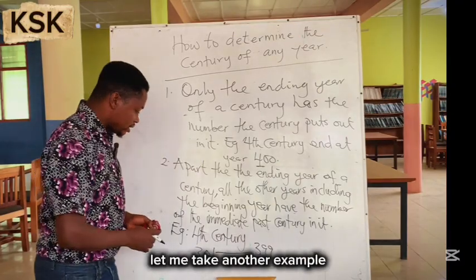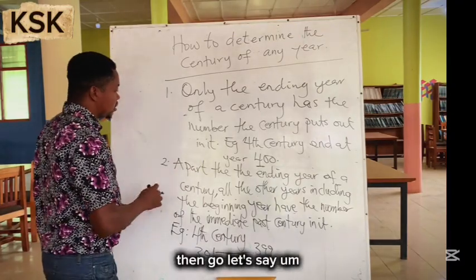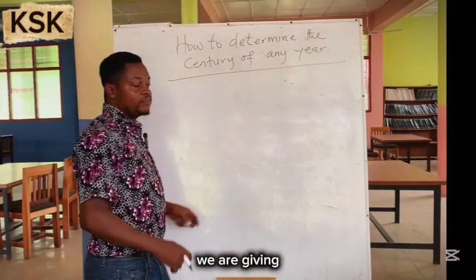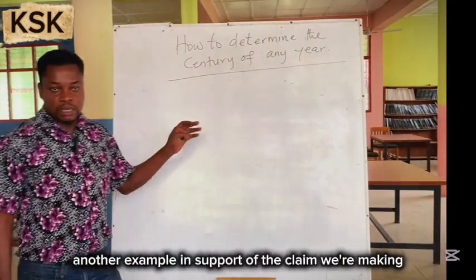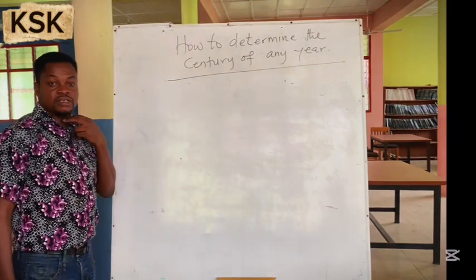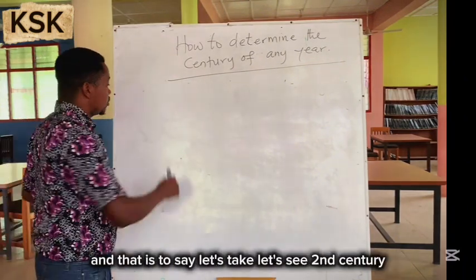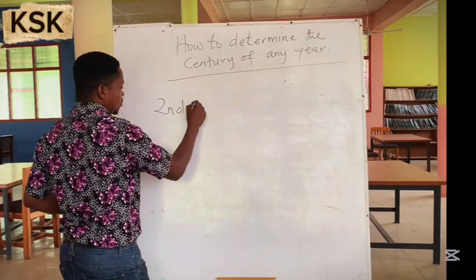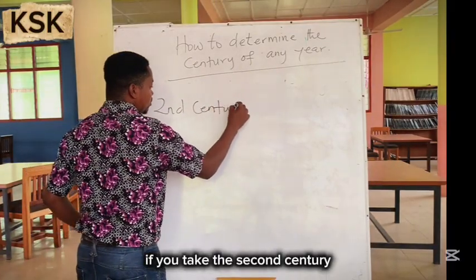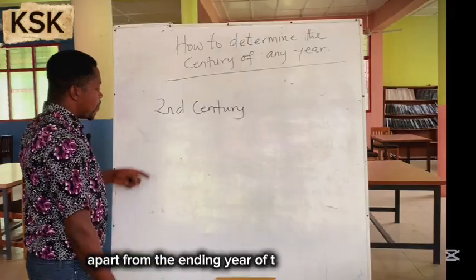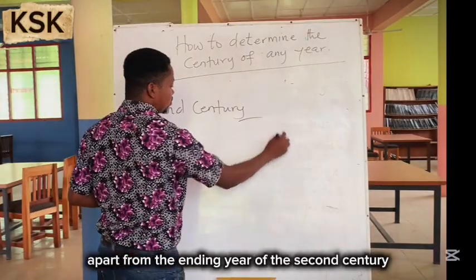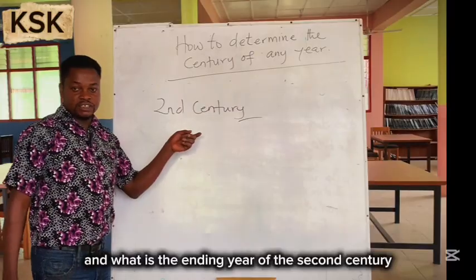Let me take another example, then go. We are giving another example in support of the claim we're making. Let's say the 2nd century. Apart from the ending year of the 2nd century, and what is the ending year of the 2nd century?